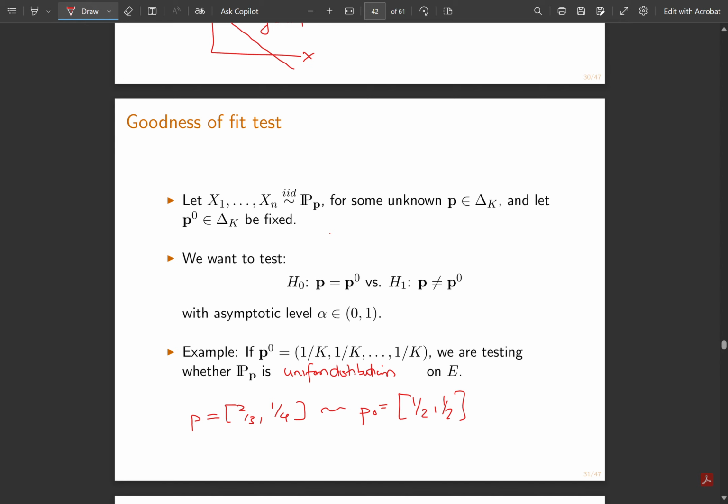Now, can you tell me what kind of test we can use to determine whether P is equal to P naught or not? What are the tests we can use? Can we use a t-test? Of course not, because a t-test is used for Gaussian-like distributions.